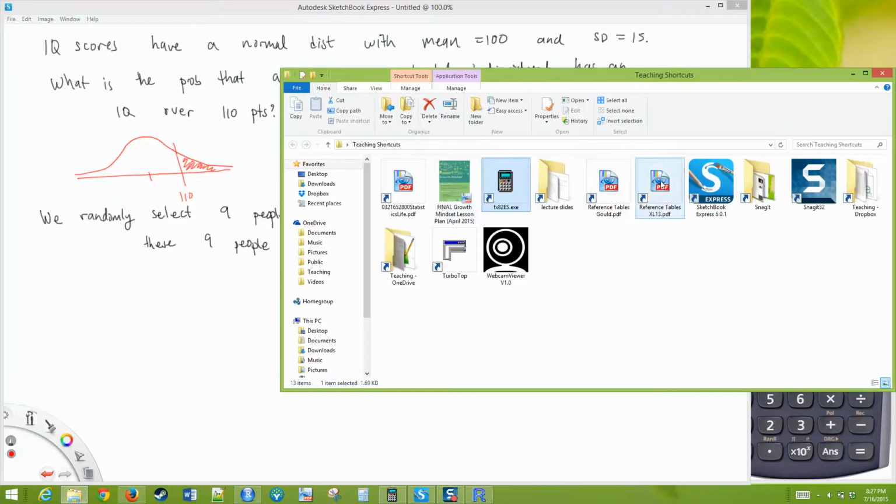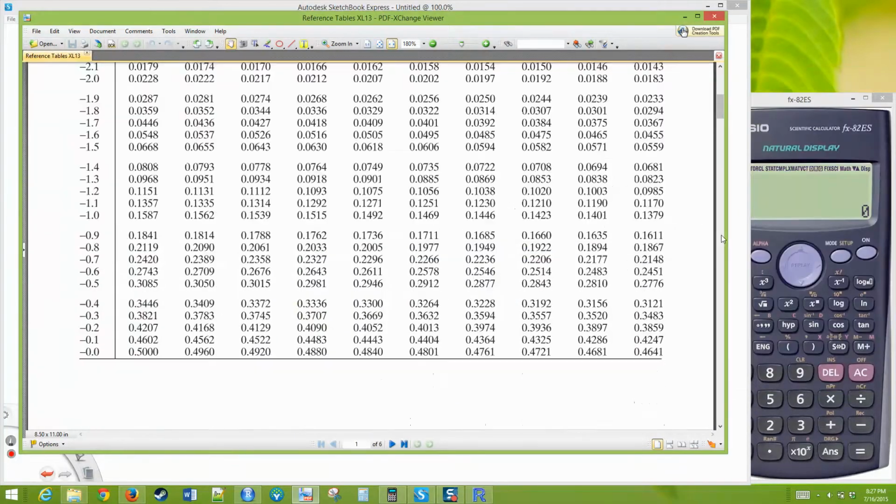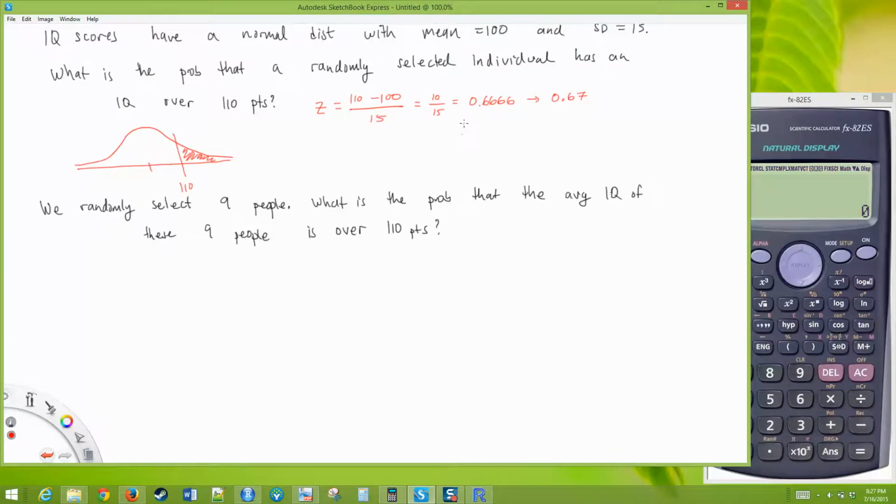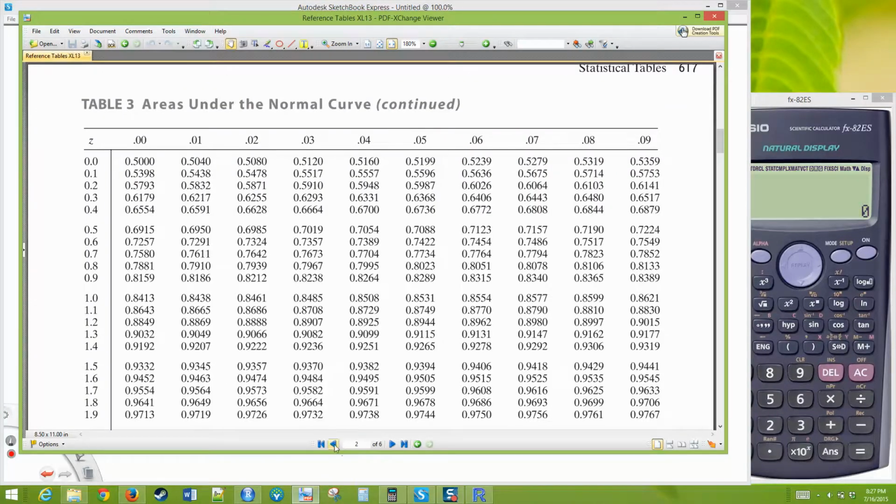Let me look up my reference table, and 0.67 gives me 0.7486, so the area to the left is 0.7486, or the area to the right, which is what I want, is 1 minus that, and I get 0.2513. So that's my answer here, 0.2513, as long as I did my math correctly.